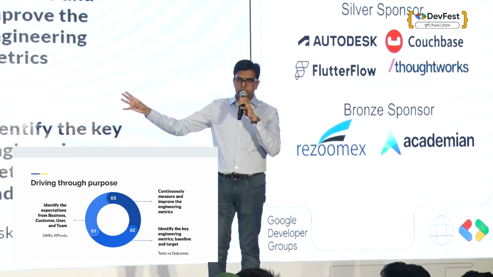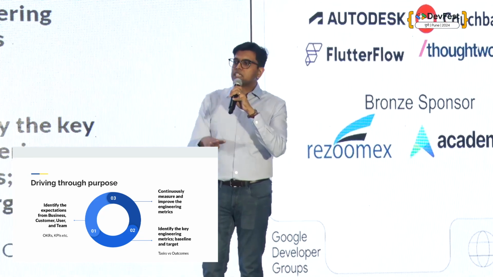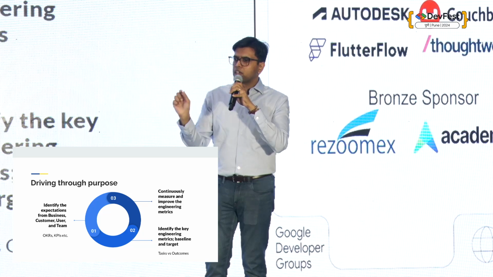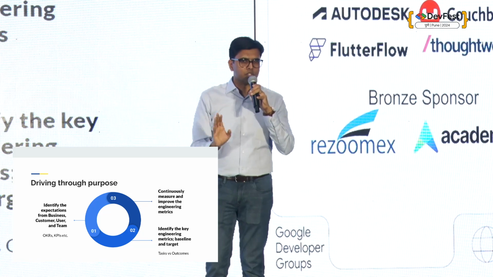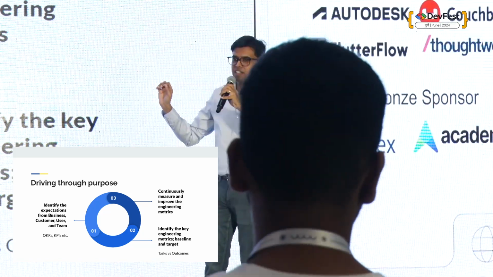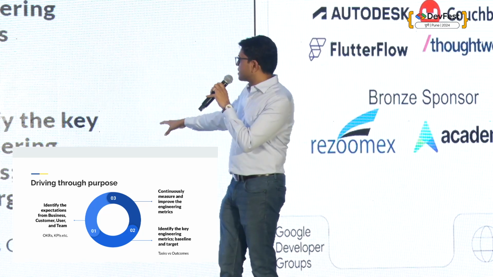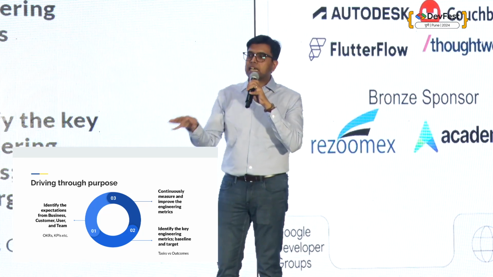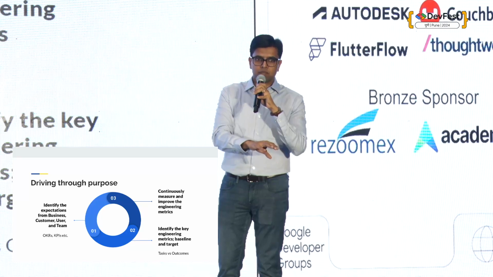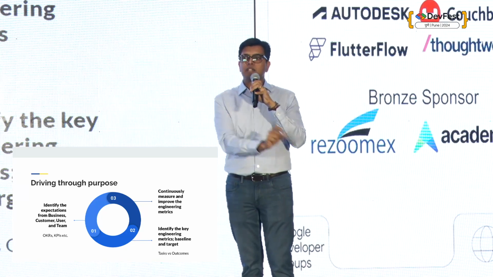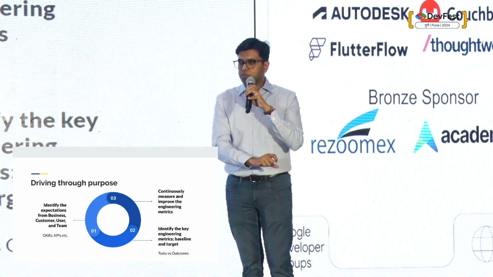So business outcomes. Once you have these expectations, each of these expectations usually come attached with an OKR, KRA, KPI, choose your poison. I don't have any specific liking towards any. But each of these have some metrics that directly give you the information. Find those engineering metrics that are aligned to the KRAs that you have of the business objectives.